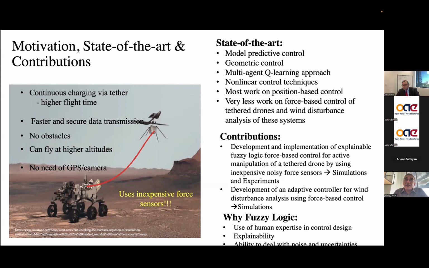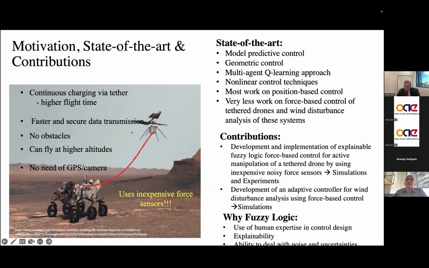And since Mars doesn't have any obstacles, it's a very interesting use case where the drone could be attached to the rover and obtain the power from the rover to have a longer operation.